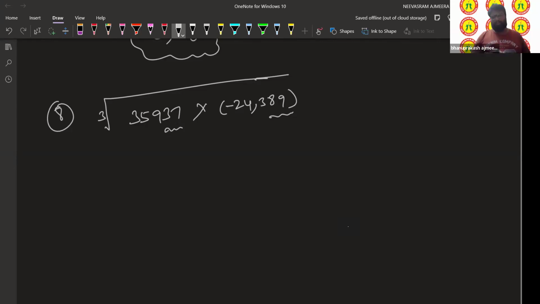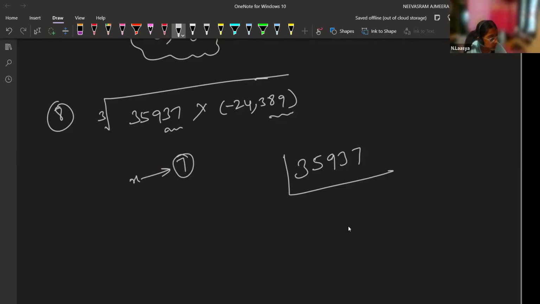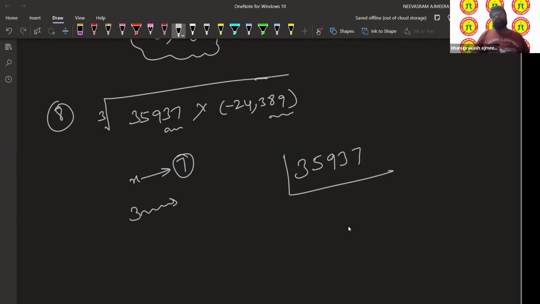Okay. So 35937, please find the prime factorization of this. I already told you, when we multiply a certain number, the unit digit will be 7. A number which has unit digit 3, if you multiply it 3 times, then the unit digit in the final product will be 7.